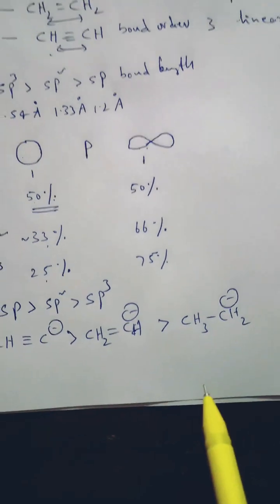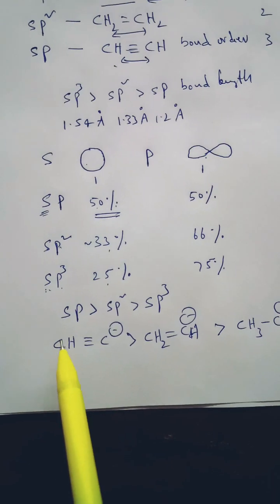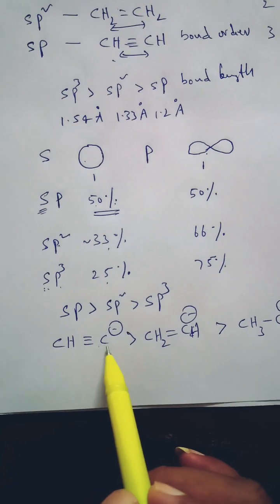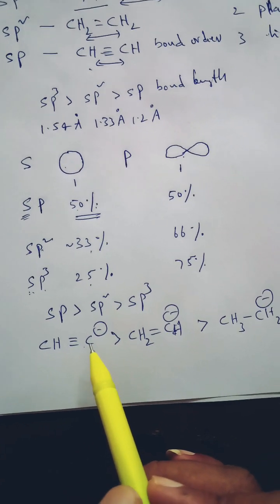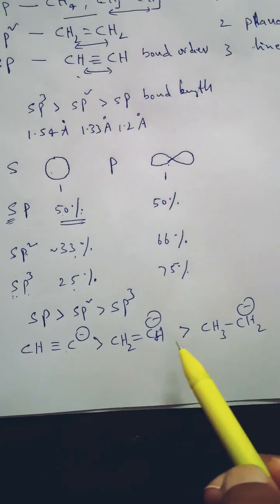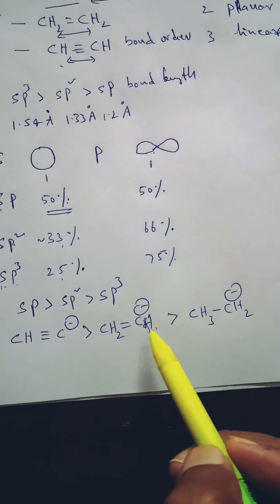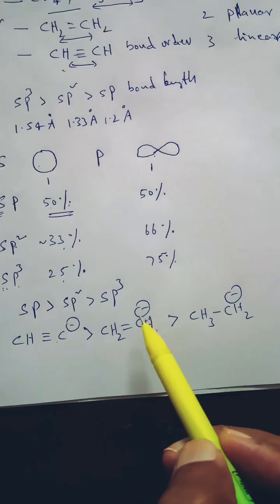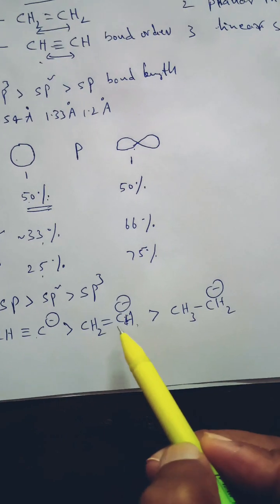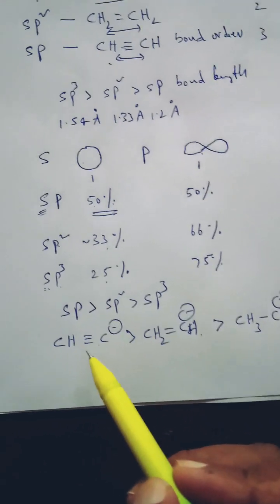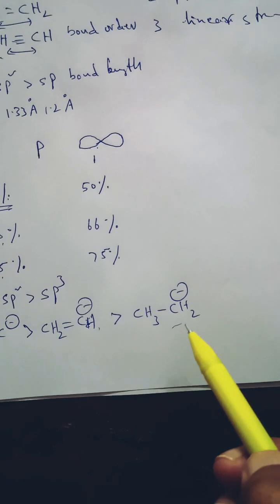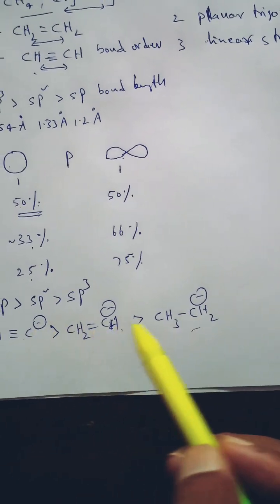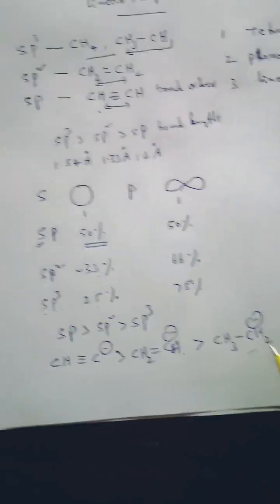So the sp hybridized carbanion is the most stable, and after that the sp2 hybridized carbanion. That means this is the vinyl carbanion, this is the acetylene carbanion, this is the ethyl carbanion. So this is the stability of carbanions.